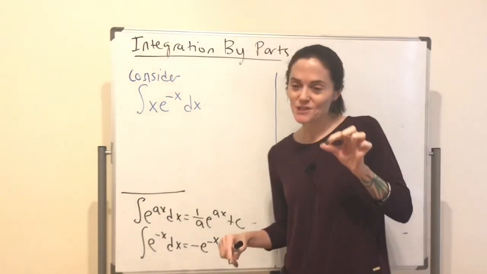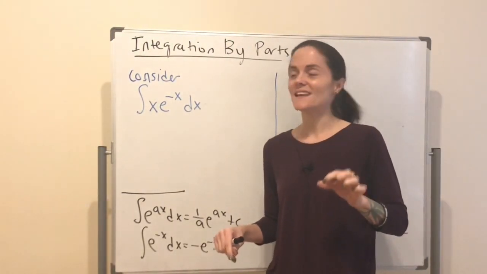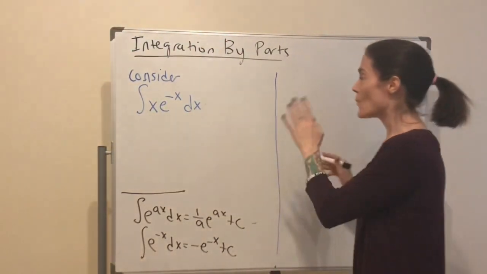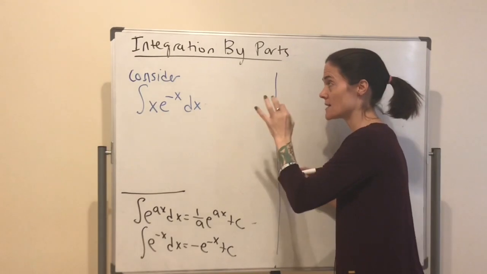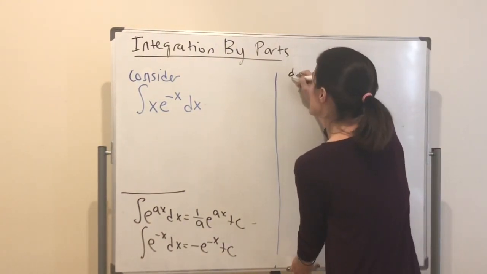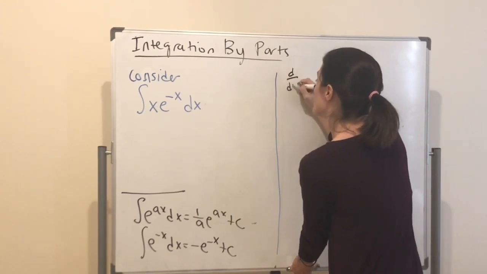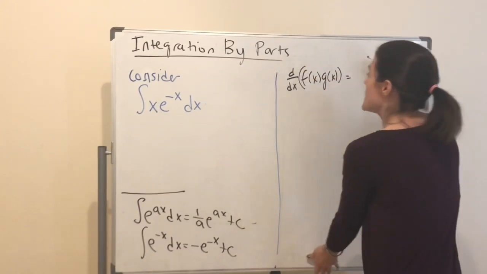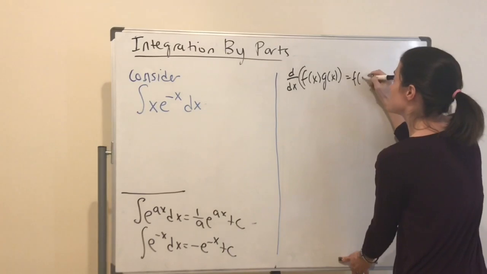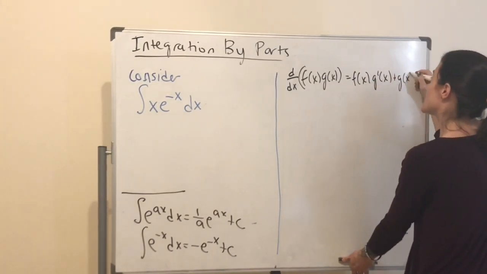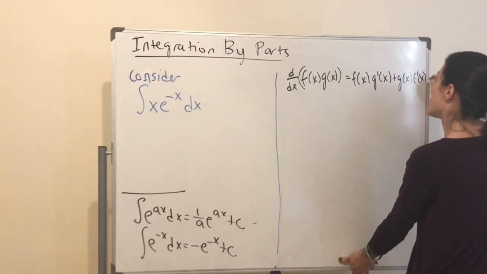And substitution, as you would have learned in Calc 1, for example, undoes the chain rule. Well, this one undoes the product rule. If we take the derivative of a product, well, this is the first times the derivative of the second plus the second times the derivative of the first.